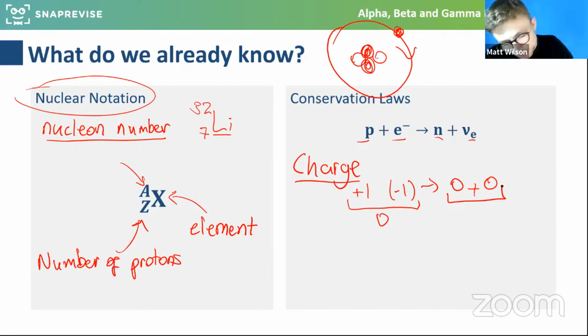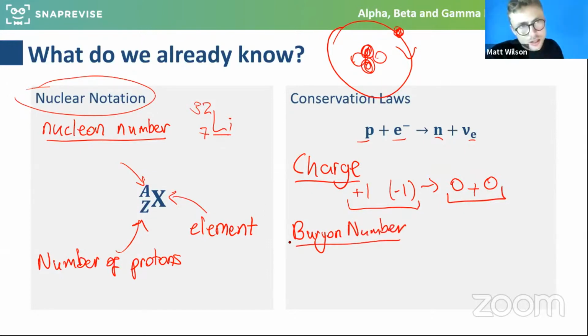Good. There's a couple of other numbers which I think it'd be nice to be aware of for today, although we won't use them too explicitly. Okay, so baryon number. This is a second number that's conserved.